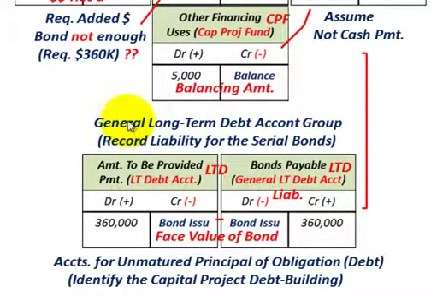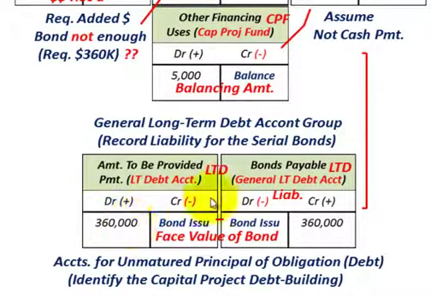Okay. So along with this bond issue, we're going to have to set up our general long-term debt account group. This is for recording the liability of the serial bonds that we issued. So we'd have the amount to be provided for the payment in the long-term debt account group. That's the title you'd have to use for that account, and you debit that for $360,000, the face value of the bond, because that's what we're going to have to pay back on that bond that's issued.